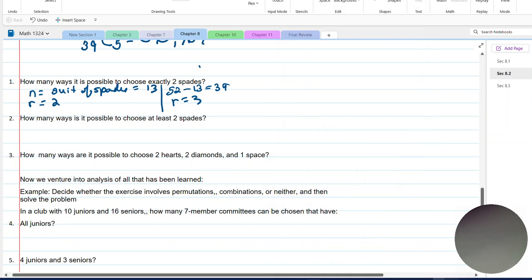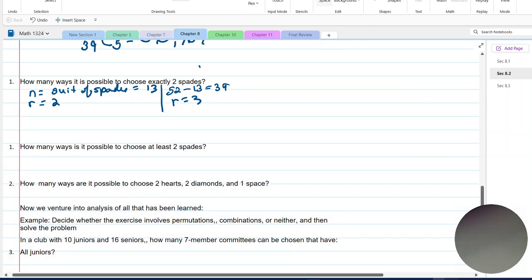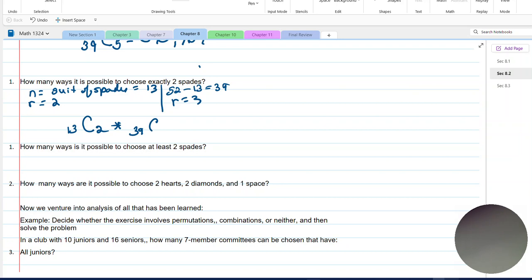So let me get over here, make some room. So this part here is going to be 13, choose 2, because order is not important, times 39, choose 3. This and this make the 5 cards.